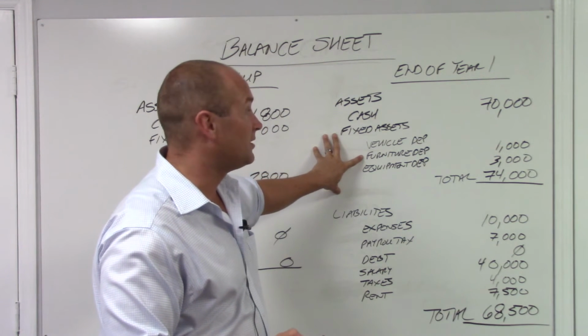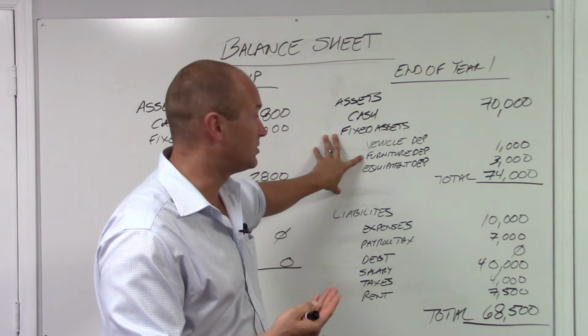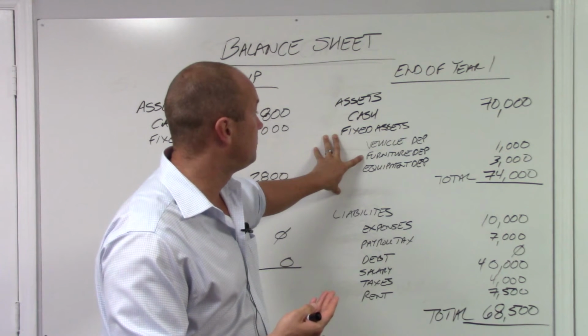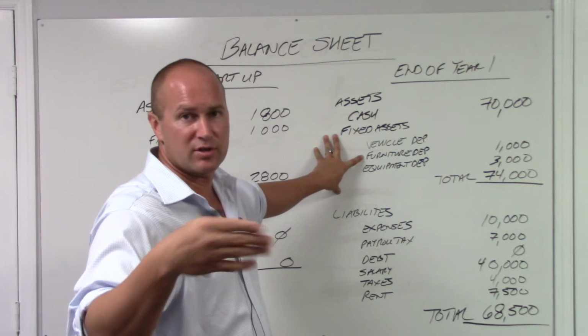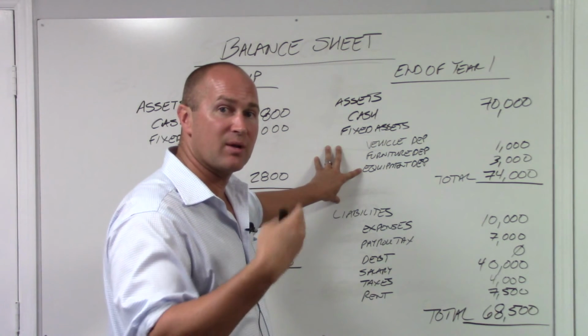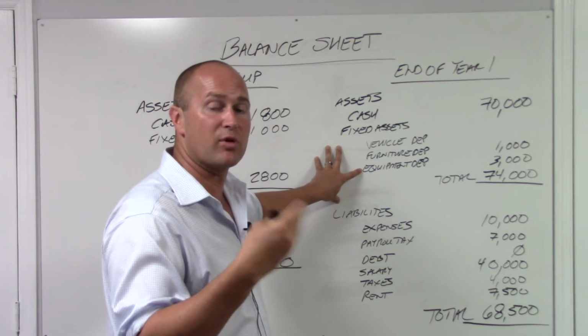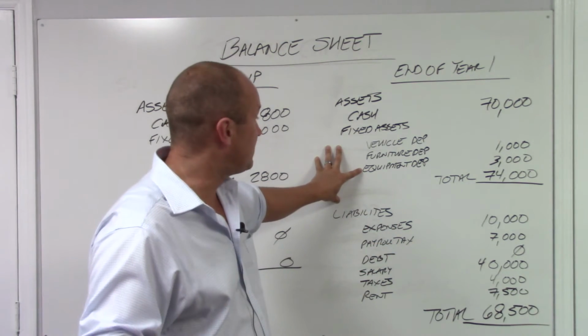We bought a little more furniture. We reinvested profits to buy some more furniture, and we bought some more equipment. As we generated profit, we started to buy a few more things like an iPad, maybe another chair, maybe some more physiotherapy equipment.